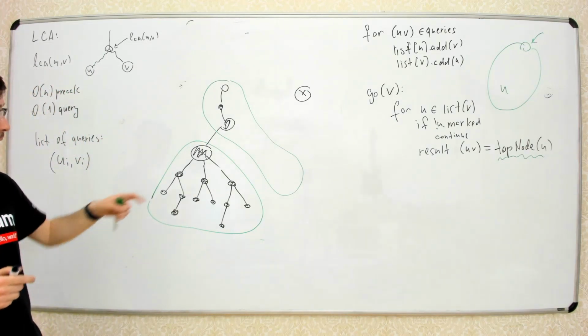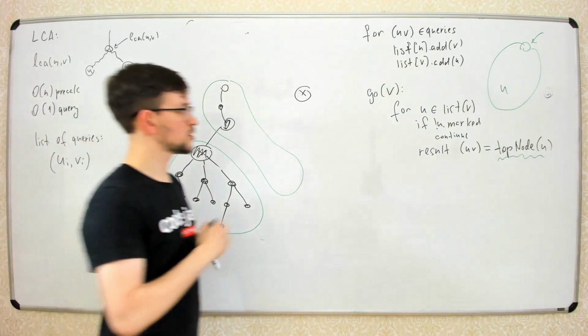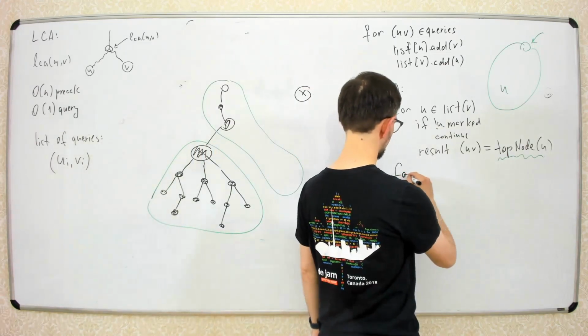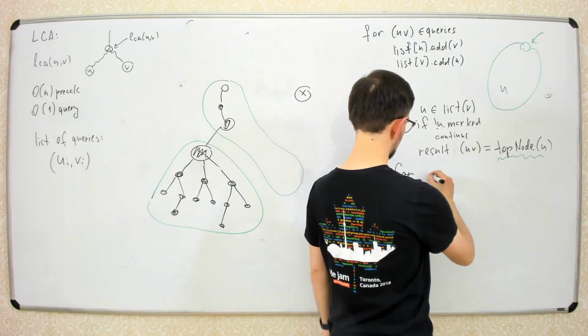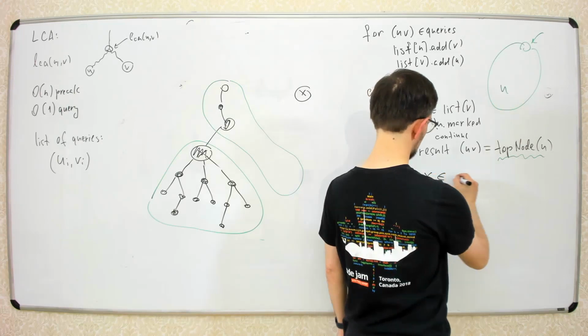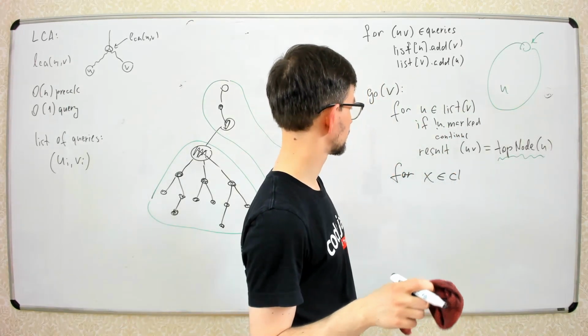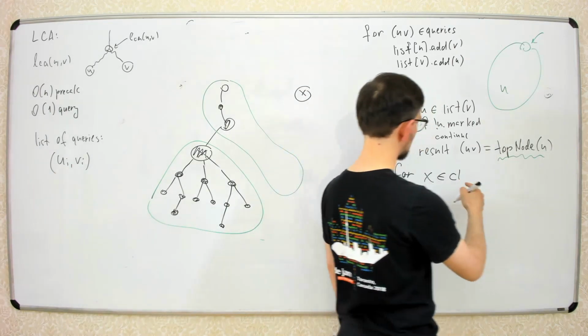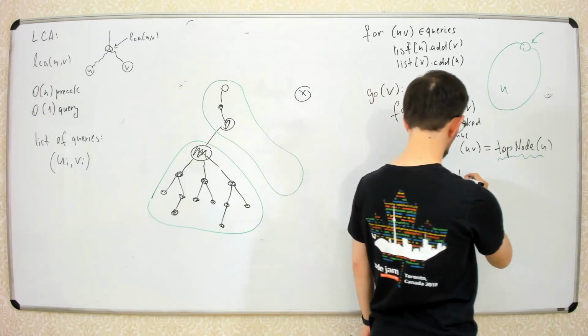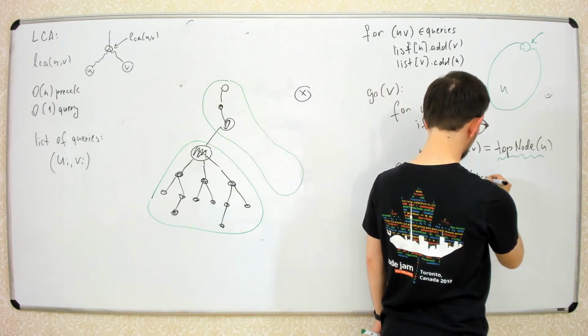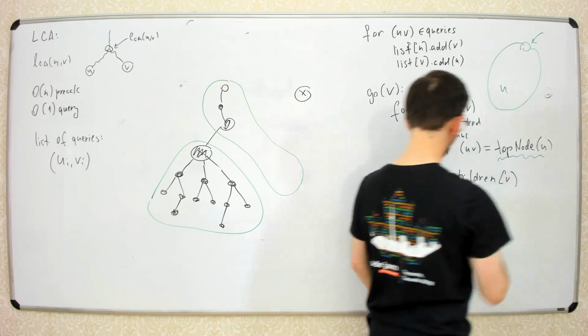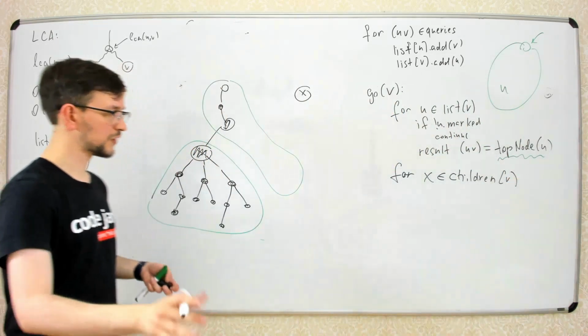Cool. And now simply iterate over all children, let's say x. So I iterate over all children of v.